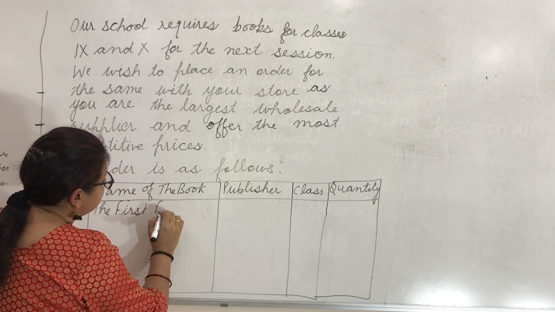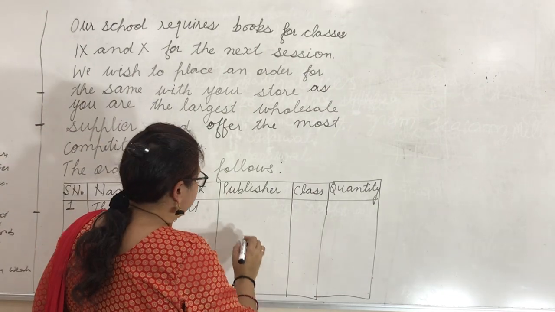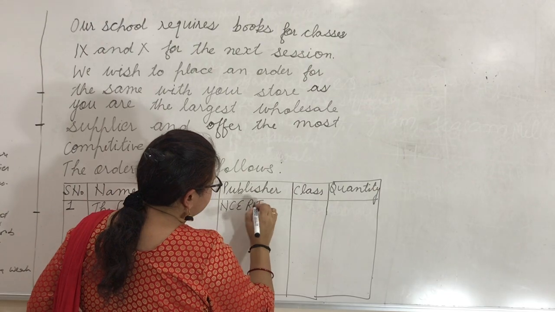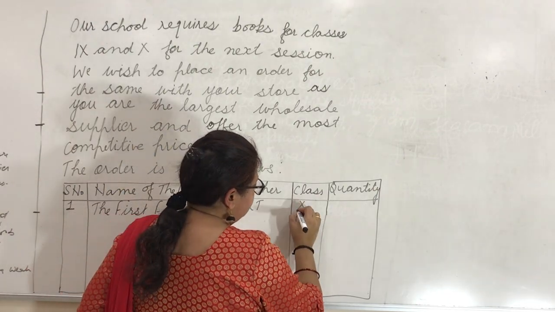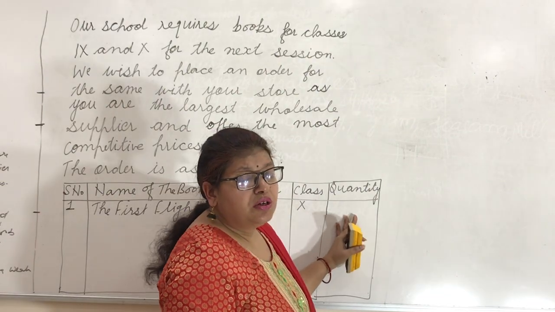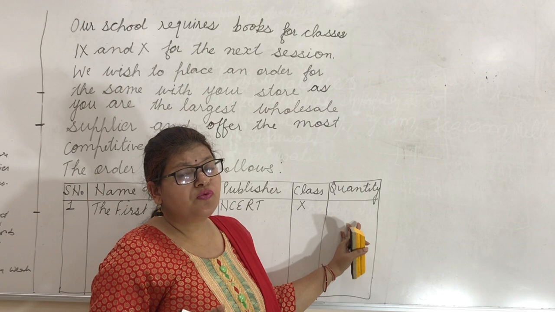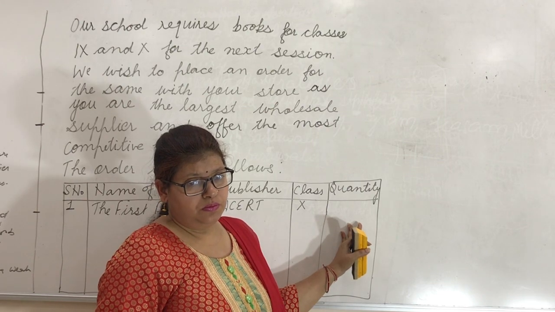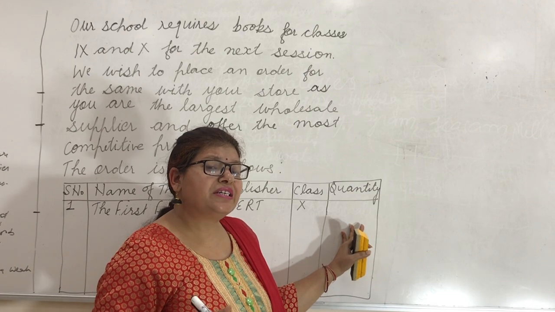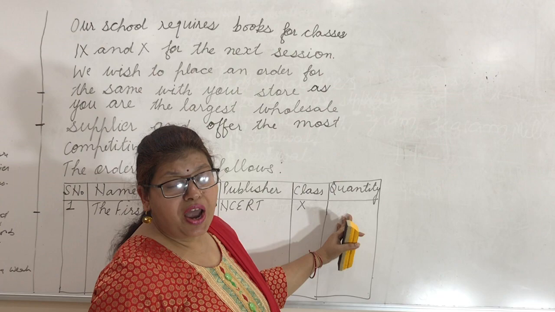Who is the publisher? NCERT. Class 10th. Quantity. It depends on the strength of your class, because you are asking for the whole school. So the quantity must be such that it can cater to the need of the whole school. So I am writing here 500.